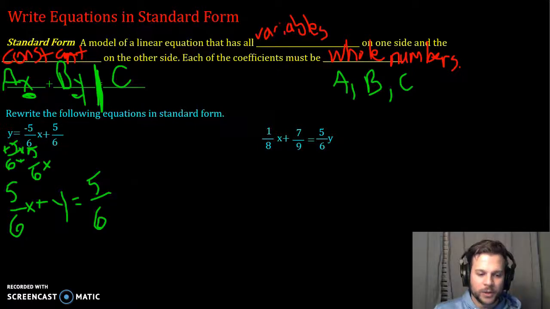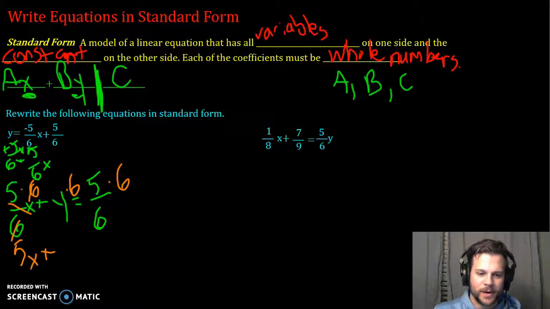But we're going to look at this first fraction right here, this 5 over 6. And to get rid of our denominator, we're going to multiply every single term by 6. So we're going to take this times 6, take this times 6, and take this times 6. The reason why we do that is because the 6 on top cancels with the 6 on bottom. 6 divided by 6 gives us 1. And we're left with 5x.